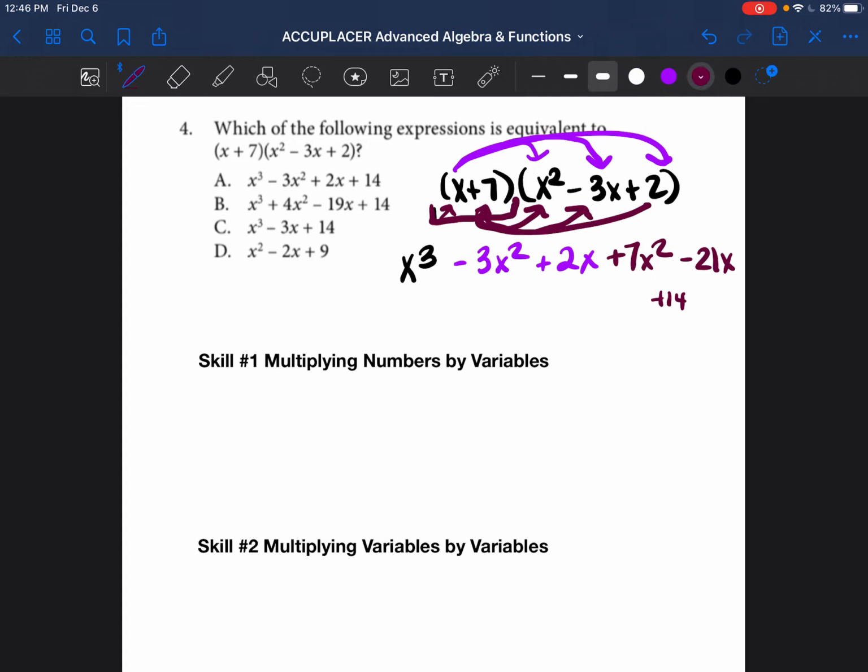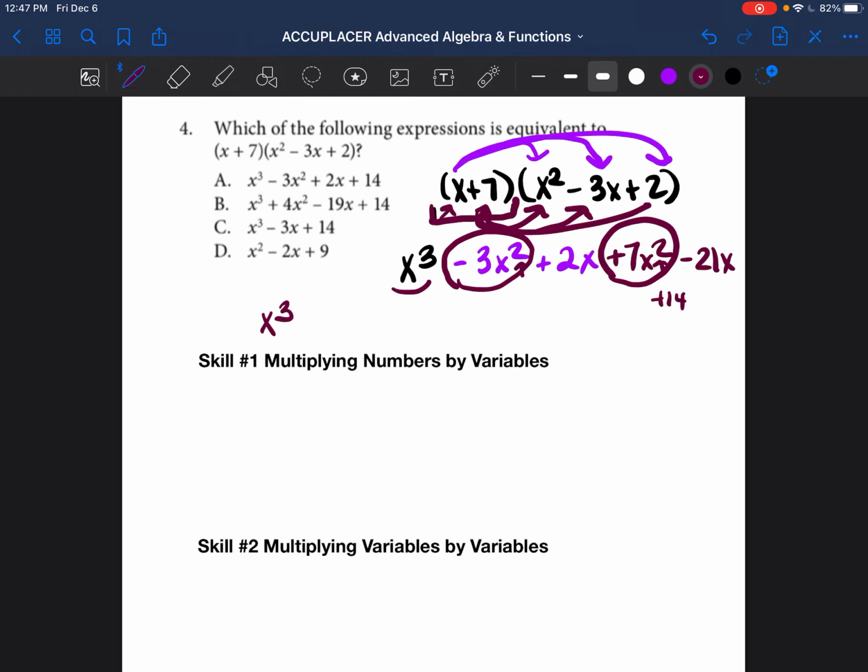So now that we've multiplied everything out, we're going to go ahead and combine like terms. So x to the third power, there's no terms that are similar to it. There's no other values that's x to the third power. So we're just going to leave it the same, x to the third power. Now we're going to go ahead and see x squared. So we have negative 3x squared and 7x squared. They're like terms because they both have x to the second power. So we're going to add them.